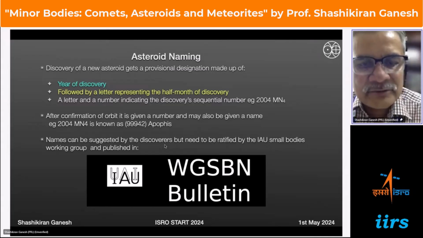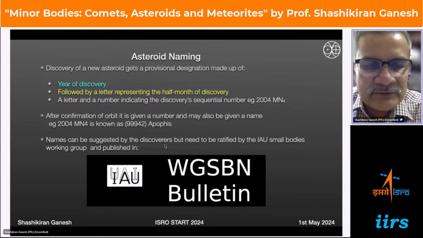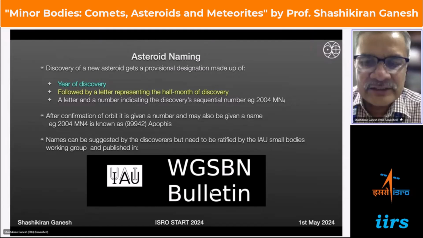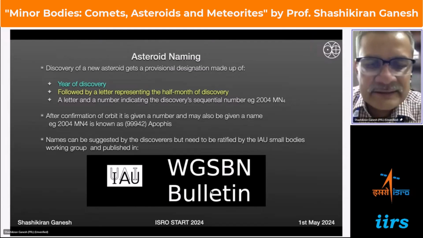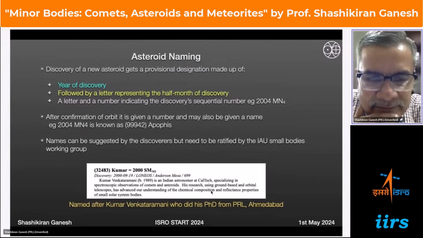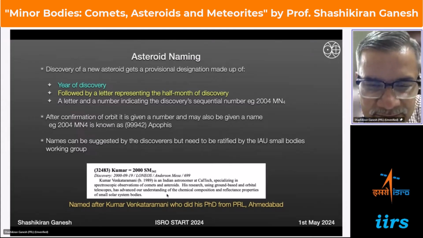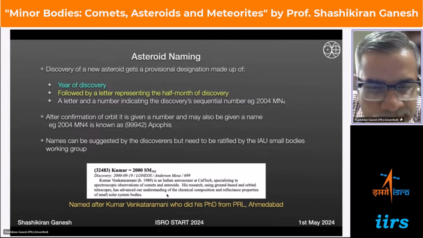The names can also be suggested by the discoverers as well as a committee of IAU members, but they need to be ratified by the Small Bodies Working Group and published in the Small Bodies Network bulletin. One example of such a publication is that of Kumar Venkatramani, who also did his PhD from PRL. He is one of the few Indian astronomers to have an asteroid named after him.